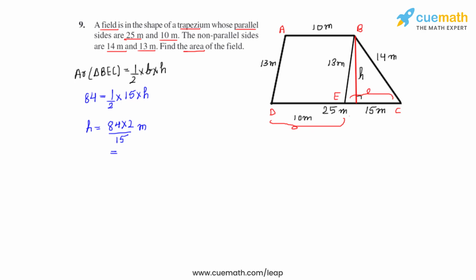Now our next step is to find the area of the parallelogram ABED. The formula to find it is base into height. So we substitute the value for base as 10 meters and the value for the height as 84 times 2 divided by 15.